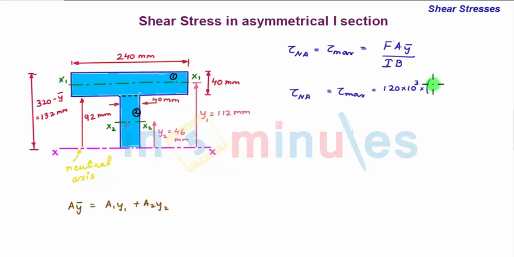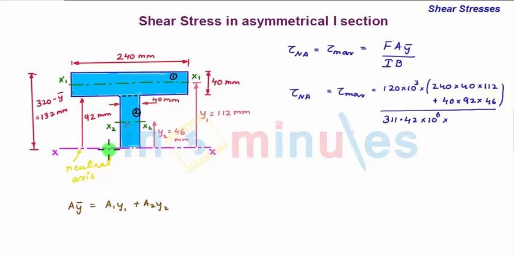So we have A1 is 240 into 40 multiplied by 112, plus A2 is 40 into 92 multiplied by Y2 which is 46. This whole upon I of the complete I section, which is 311.42 into 10 to the power 6, multiplied by the width of the complete section at the neutral axis, which is nothing but the width of the web, so equal to 40 mm.